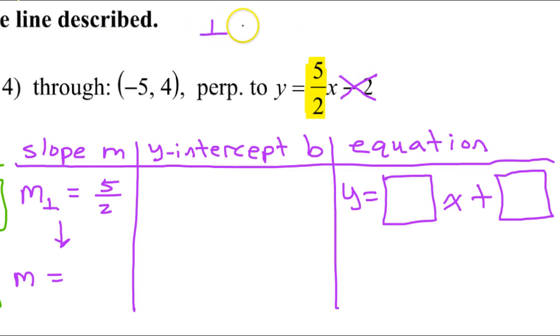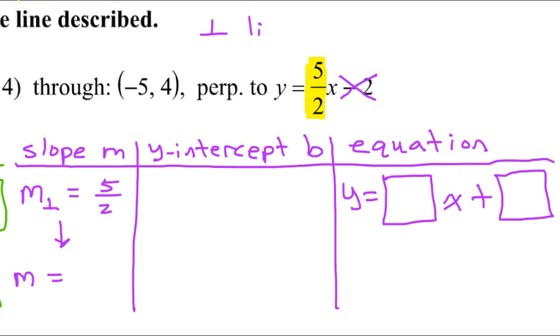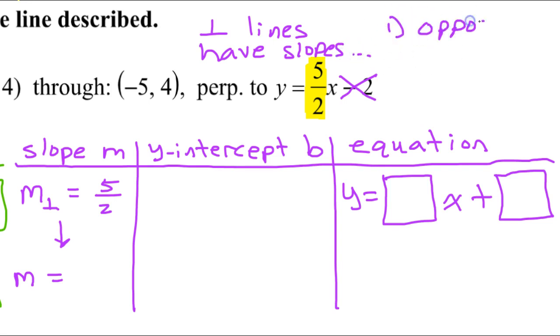So perpendicular lines have slopes, number 1, opposite, and number 2, reciprocal.